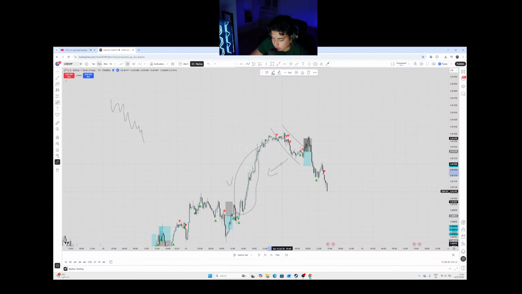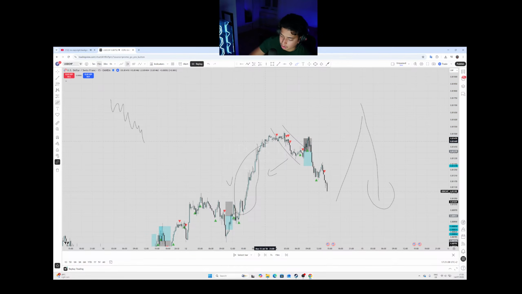Normally, if there is a big push in the market, like a big imbalance, the market has to come down and balance it. Everything in the market works in a balance, like every reaction has an equal and opposite reaction, like Newton's third law.